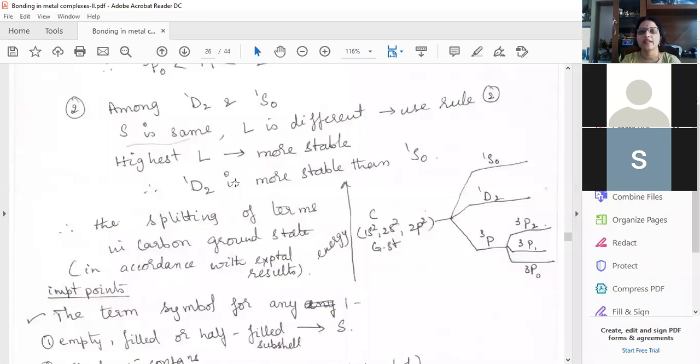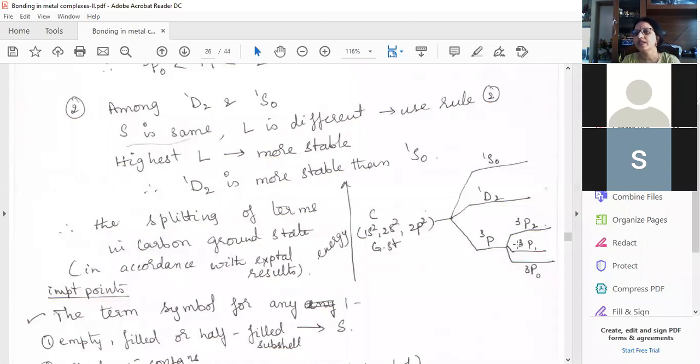So after triplet P, the next level will be, as you can see in the diagram here, with the energy increasing. I'm talking about carbon in the ground state, with the configuration P2. In this, I have 3 energy states, that is triplet P, singlet D2 and singlet S. Since the multiplicity is higher, triplet P will occupy the lowest energy level.